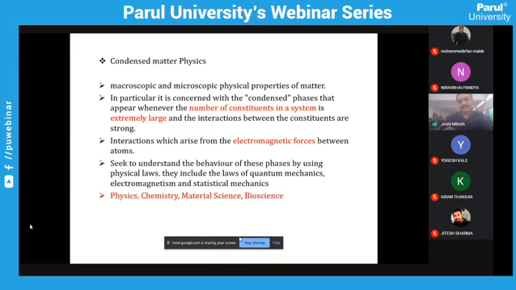In condensed matter physics, we are particularly concerned with materials having a large number of constituent particles or systems, and it is extremely complex when the interaction between the constituent particles is very strong. There may be different electromagnetic forces between the atoms, which may be governed by laws of quantum mechanics, electromagnetics, and statistics. So this comprises all the basic branches of science like physics, chemistry, material sciences, and biosciences.